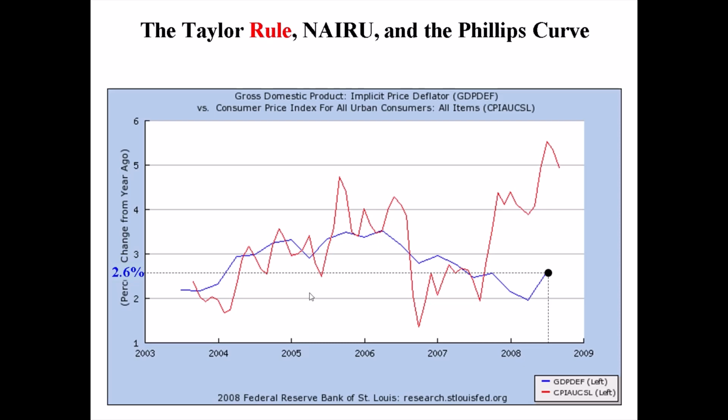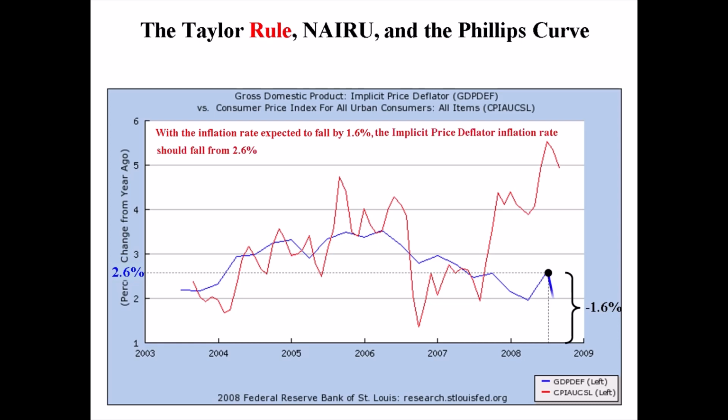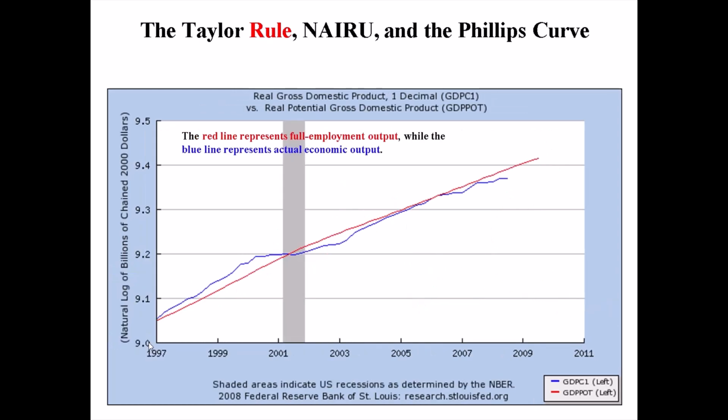Okay, so what we did then is, with GDP inflation at 2.6%, we expected inflation to fall by 1.6% because we expected unemployment to rise to 8%. That would put the inflation rate at 1 percentage point, or 1%.